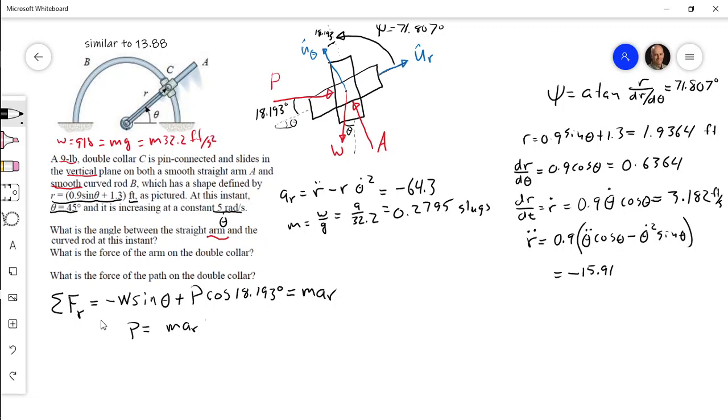And we can add W sine theta and divide the whole thing by cos 18.193, and you should get minus 12.2 pounds. So that's one thing. Oh, this first question is this number.